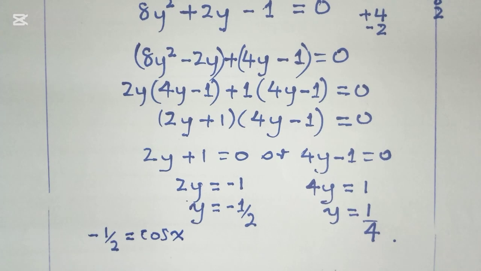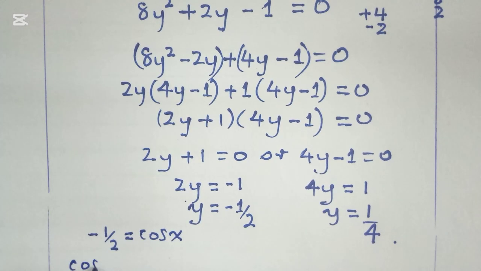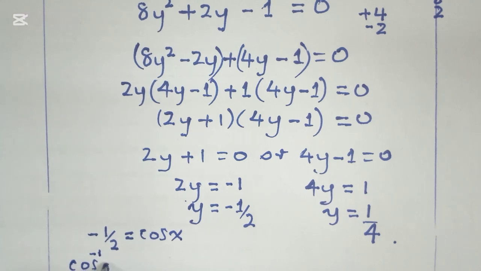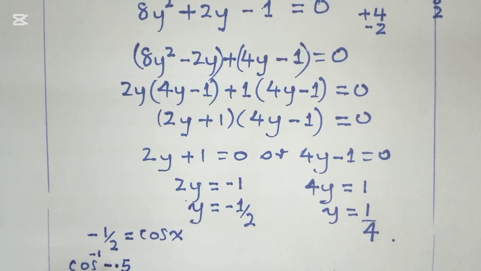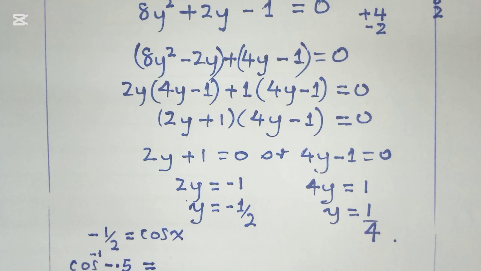Working with this one first, we shall have now cos inverse of negative 1 all over 2, which is negative 0.5, like that. We can check from the calculator.